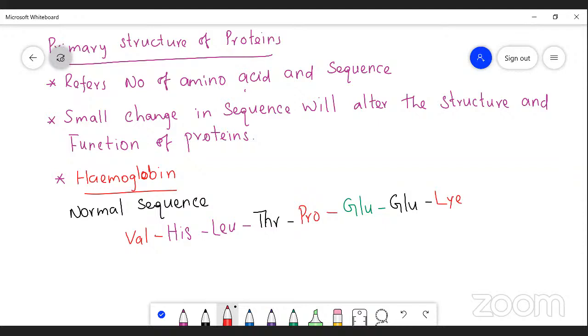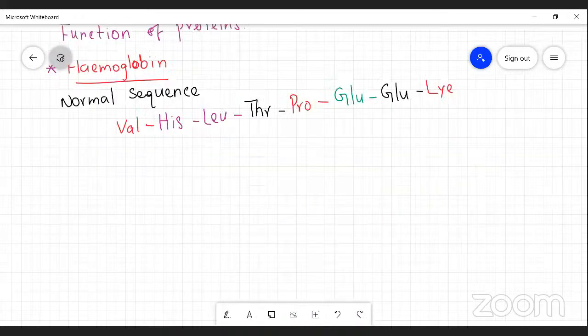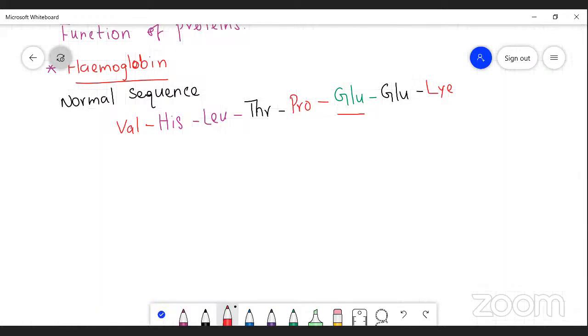If you change the sequence, here there is a glutamic acid, and instead of glutamic acid, we take valine.